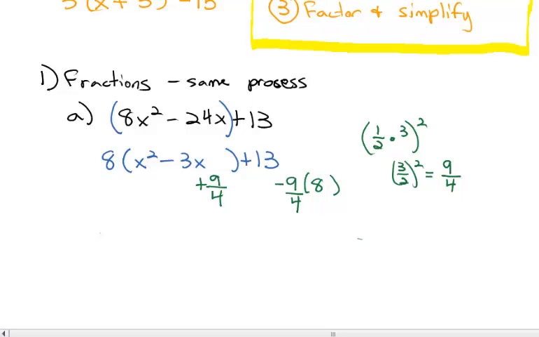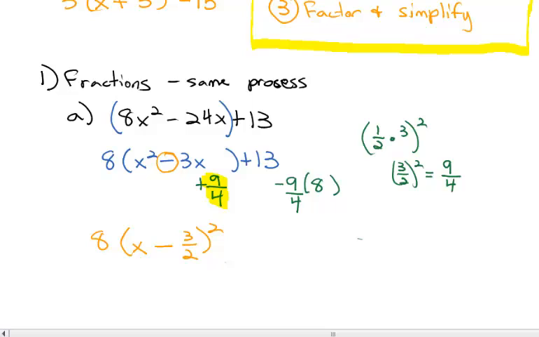So now when we factor and simplify, we know it's going to factor to a perfect square. Square root of the first term, the square root of x squared is x, sign from the middle, and then we'll take the square root of the last term, the square root of the 9/4. Just like our exponent property to square top and bottom, with square root, we will take the square root of the top and bottom. Square root of 9 is 3, square root of 4 is 2.